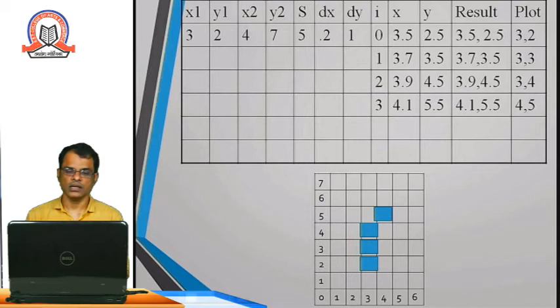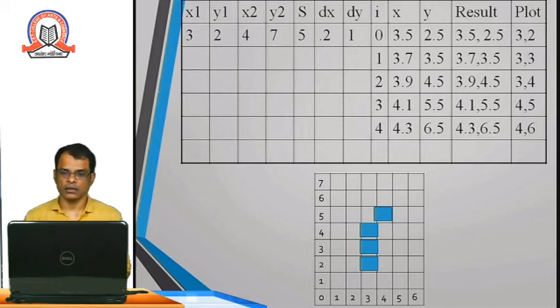Okay, check in the diagram below. Then in the next round, from 4.1 we add 0.2 in x and 1 in y. So 4.3 and 6.5. The new point is 4.3, 6.5. After taking the integer value, it is 4, 6. So the point gets plotted over here, 4, 6.